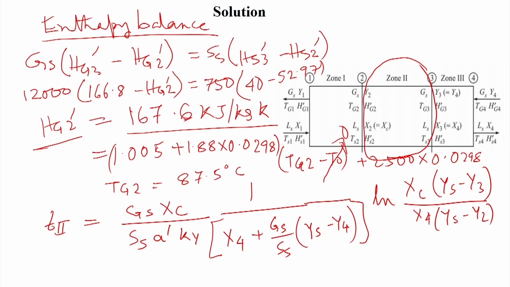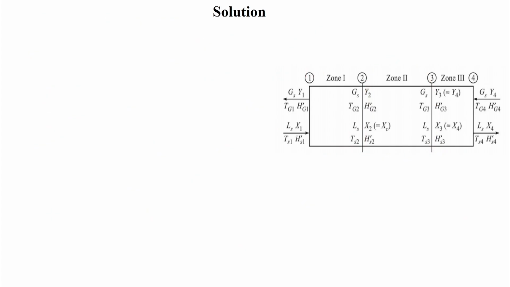Okay. Now, all the values are actually known to us. We will be putting all these values, then we will be getting the time required in this zone 2, T2.